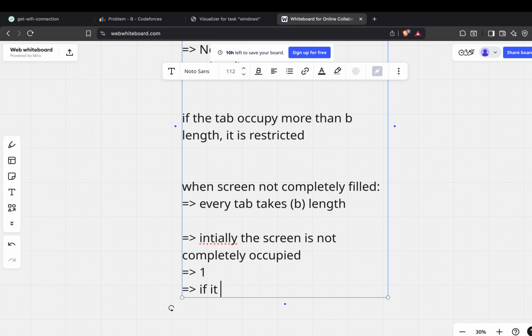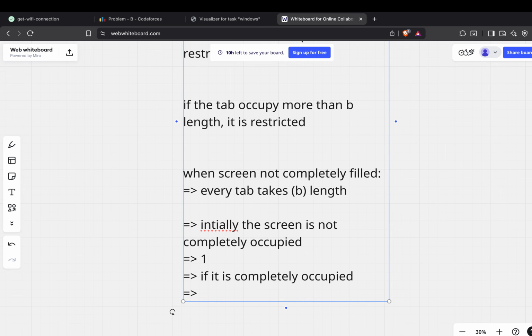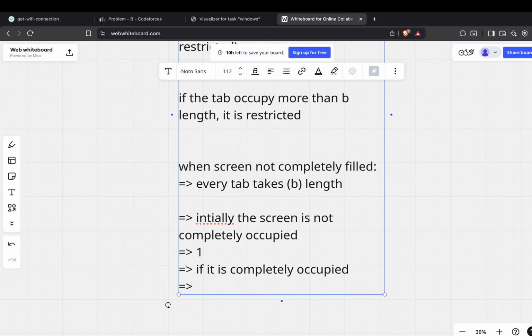If it is completely occupied, then there are two scenarios.